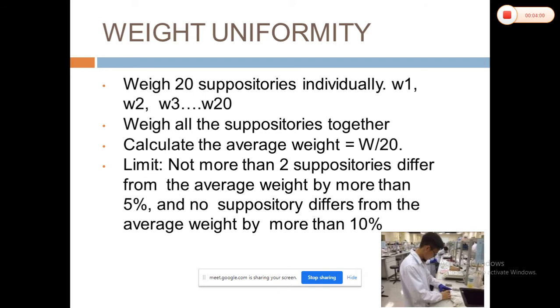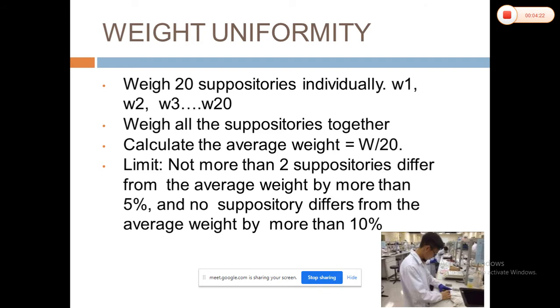The limit given here is that no suppository should deviate from the average weight by more than 5%, except two suppositories. That means not more than two suppositories differ from the average weight by more than 5%, and no suppository differs from the average weight by more than 10%.